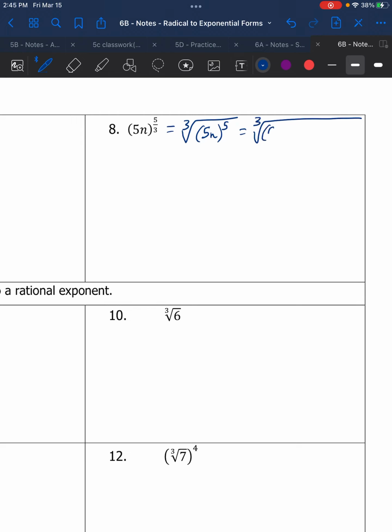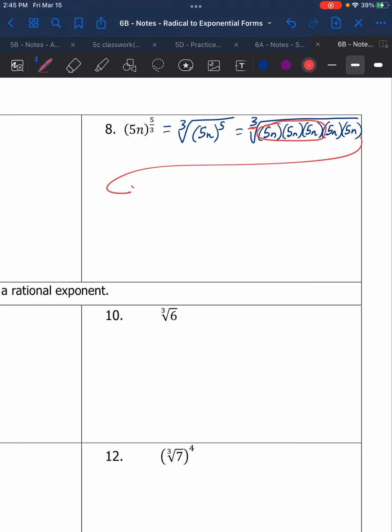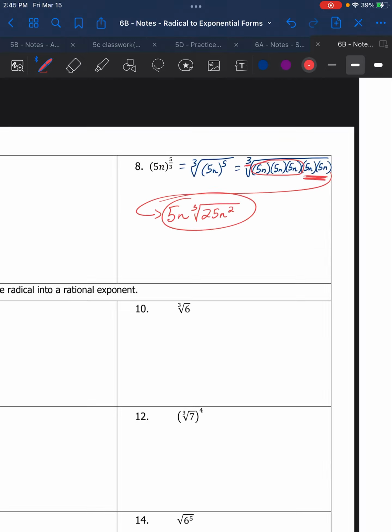I'm going to write it out, you don't have to do this, but just to visually see it. There are 5, and how many groups of 3 can we divide out? We have 1 group, so that's going to come out as 5n. And what's left over, we don't have another grouping, so that's going to be cube root of 5n times 5n, which is 25n squared.